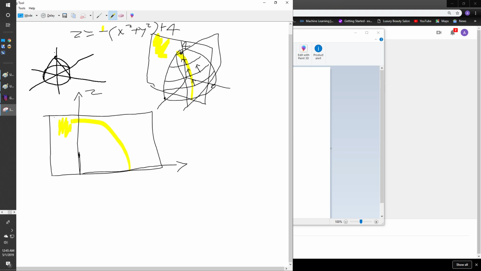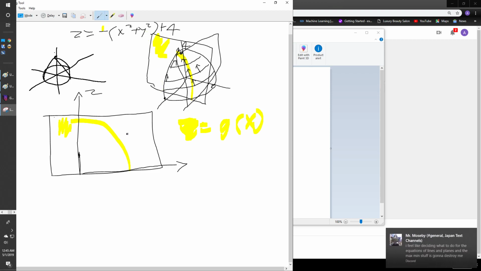Now I want to draw contours. From here, my contours look like that, like that, like that. Now I'm going to draw the gradients for this yellow function, which I'm going to call g of x.